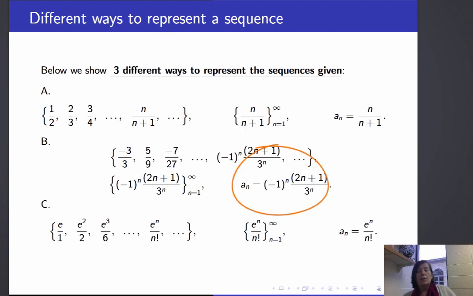We could also write it in the more compact forms by either just giving the formula for the nth term an, or putting the formula for the nth term in curly brackets and saying that n runs from 1 to infinity. And we have a third sequence, sequence c: e over 1, e squared over 2, e cubed over 6, etc. The general formula for the nth term is e^n over n factorial. So again, we can represent that in any one of the 3 ways.